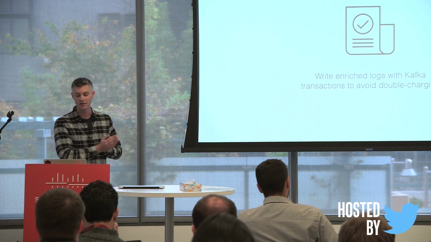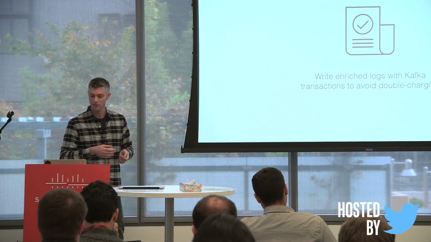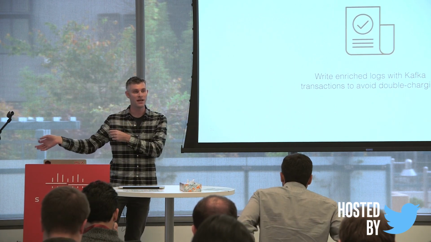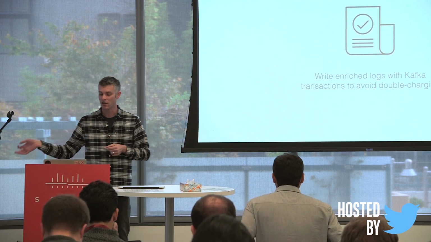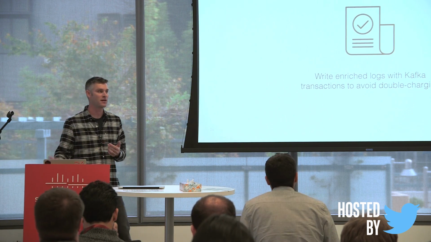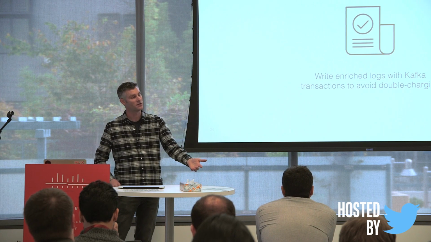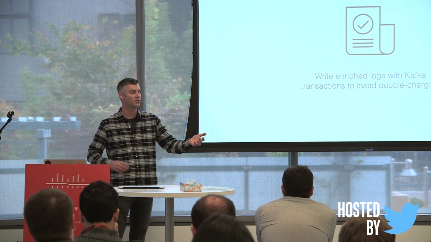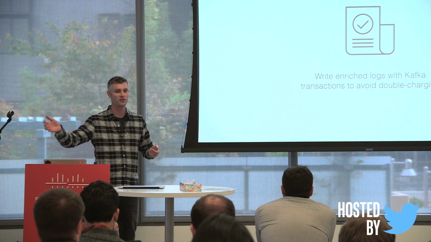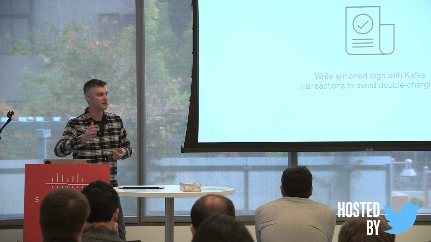This leads to reprocessing of messages and messages being written again to the enriched logs Kafka topic, but this time as part of a separate transaction. So the transaction that was in progress when the Flink app crashed will never be committed, and therefore downstream consumers on that enriched logs topic will ignore those messages.